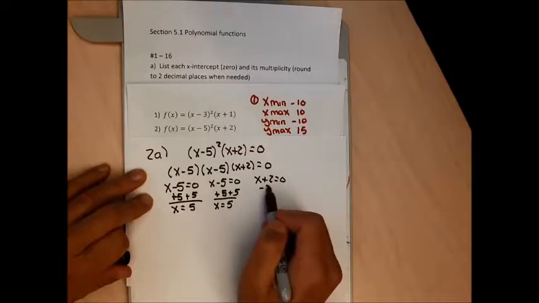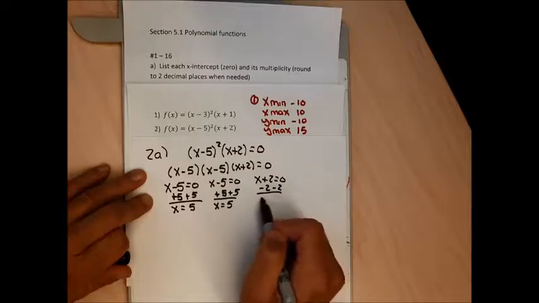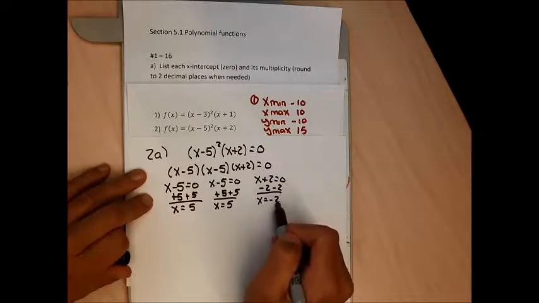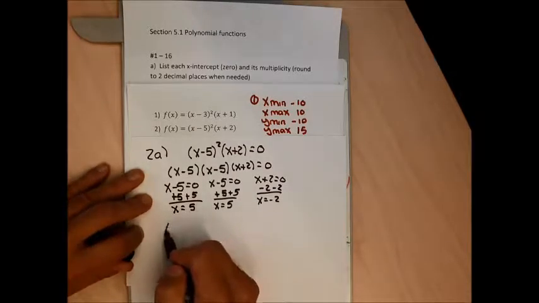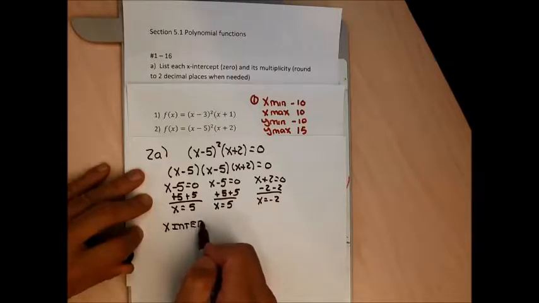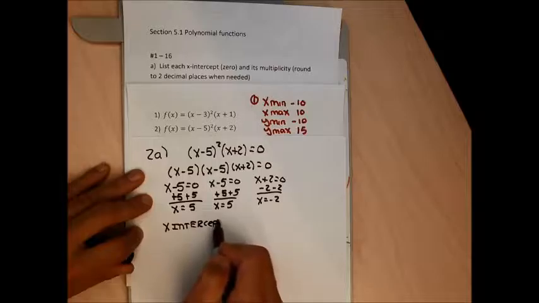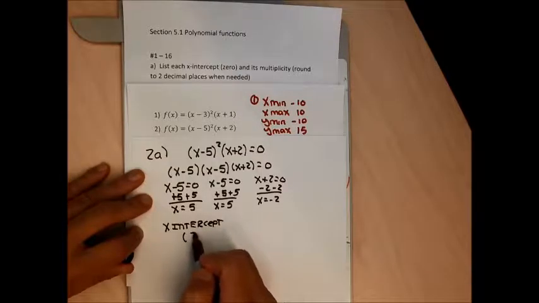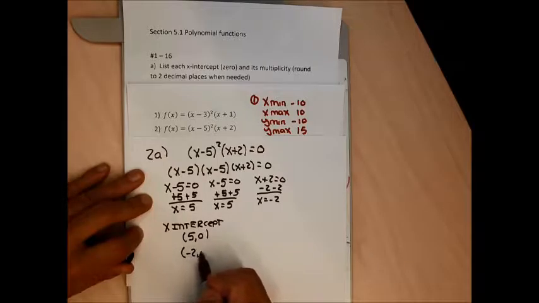And the x plus 2, I'll subtract 2 from both sides and get an x-intercept of minus 2. So part of my answer to part 2a is there are going to be 2 x-intercepts. One's going to be at the point (5, 0). The other's going to be at the point (negative 2, 0).